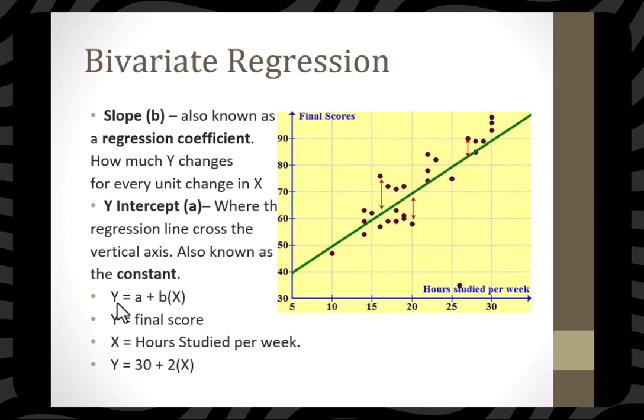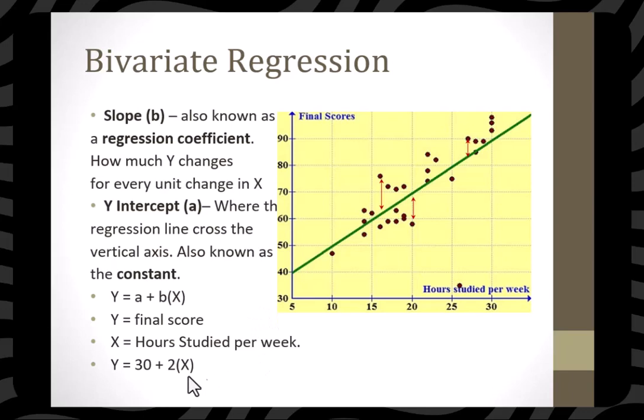And so what we can do is create a formula called y equals a plus b times x. In this case, y is going to be our final score, x is going to be our hours studied, b is going to be the slope, so how much one unit change in x affects y, and a is going to be the value of y when x is equal to 0.